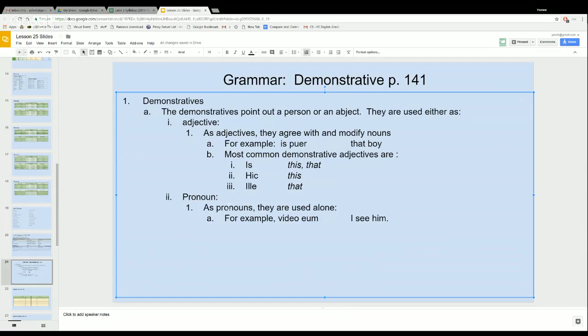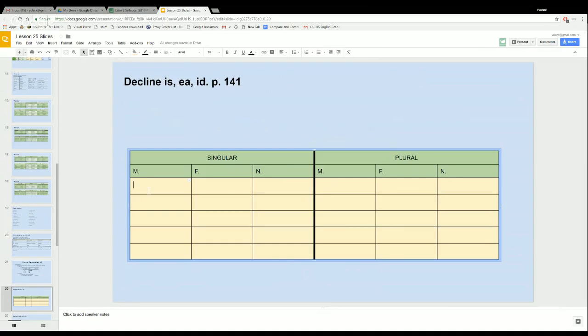So that's the difference between an adjective that modifies a noun and a pronoun, which takes the place of a noun. It stands alone. They're used alone. Does everybody see the difference between how these are used? Yes. Okay, good.